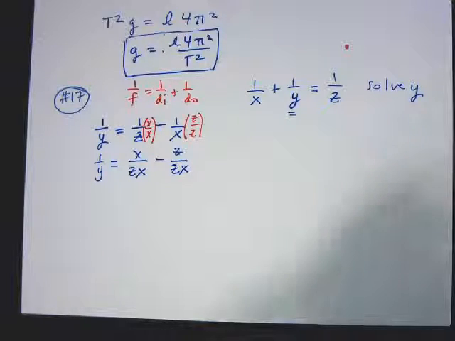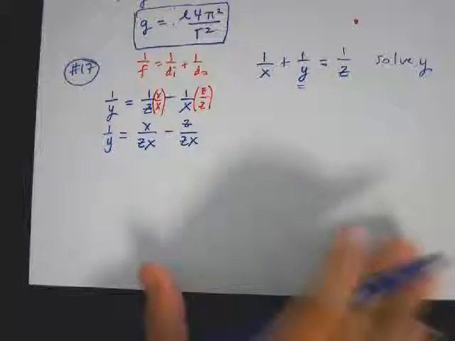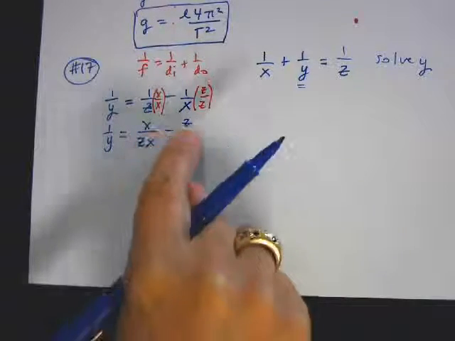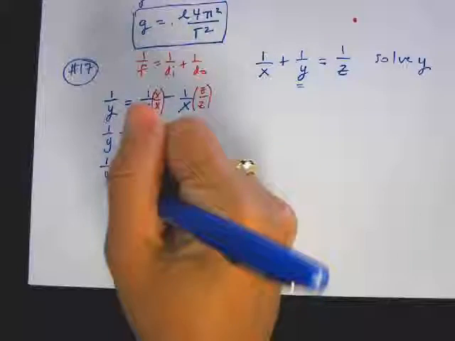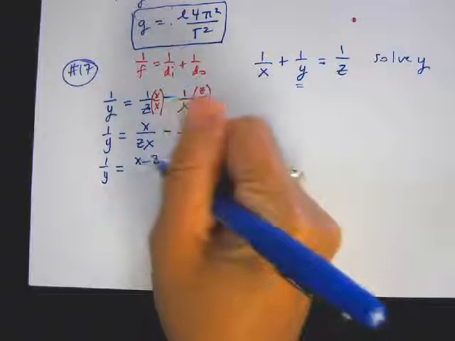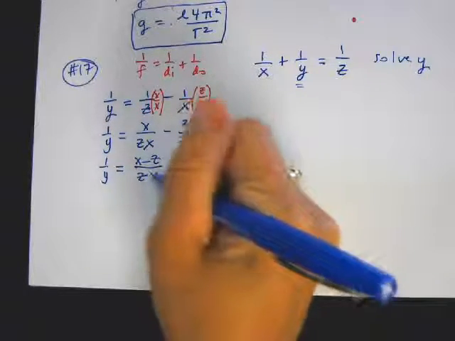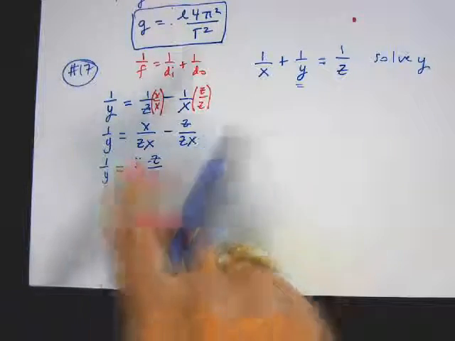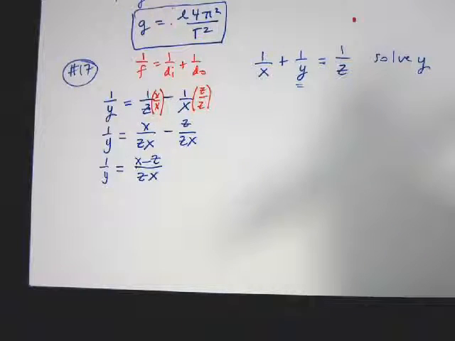Because the denominators are the same, I can perform the subtraction. So I have 1 over y is equal to x minus z over zx. Now I have a fraction and I want to simplify. Do I flip? No. What I do is I cross multiply. Cross multiplication is your best friend whenever you want to get rid of a fraction.